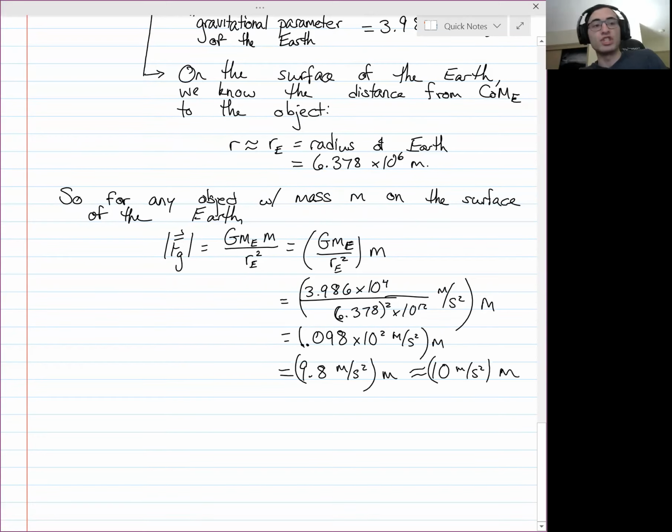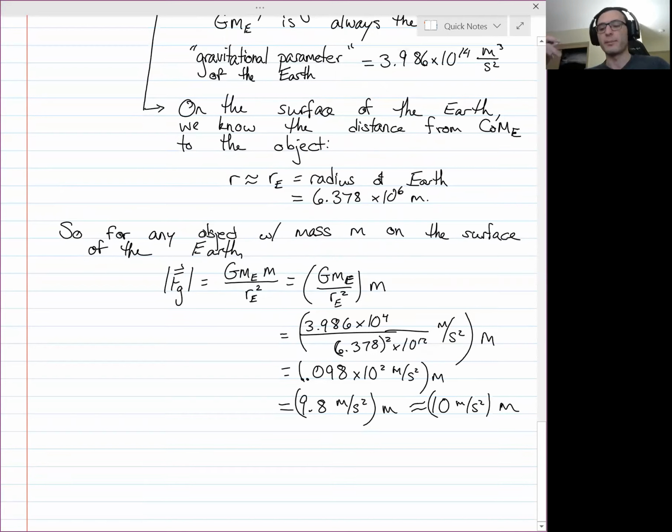That's where the value of g comes from. It comes from Newton's law of universal gravitation. It comes from plugging in the gravitational parameter and the radius of the Earth. So, for example, if you knew the gravitational parameter of the Earth, and you knew the gravitational force on the Earth, and you assumed Newton's law, you could actually calculate the radius of the Earth if you wanted to, and you'd be pretty close.